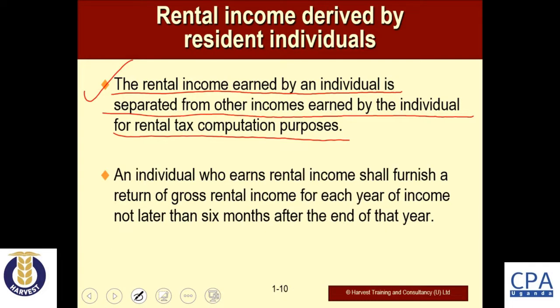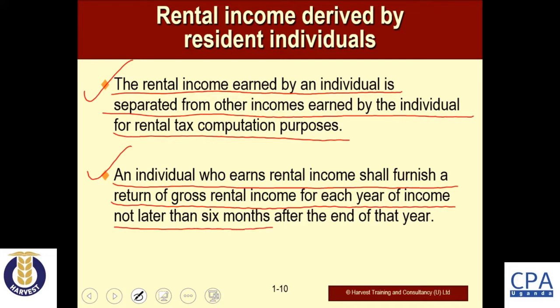In bullet number 2, we are saying that an individual who earns rental income is supposed to furnish a return of the gross income for each year of income, not later than 6 months after the end of that particular year.